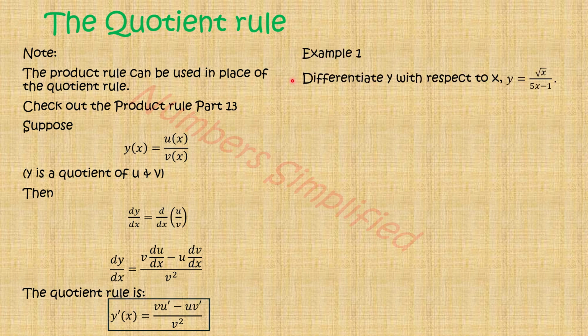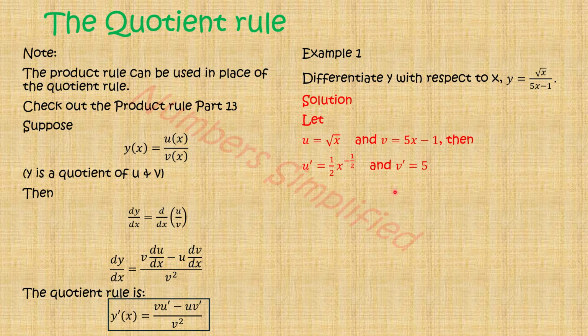Differentiate y with respect to x, where y is equal to square root of x all over 5x minus 1. The solution. So now we are going to let the numerator be u, that is to say u is equal to root x, and the denominator, which is v, is 5x minus 1.